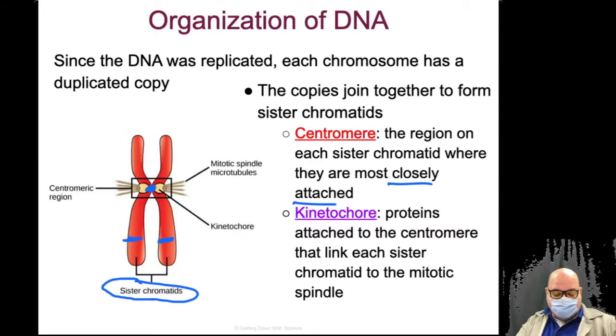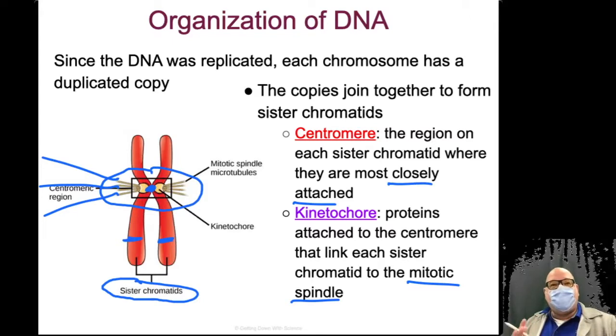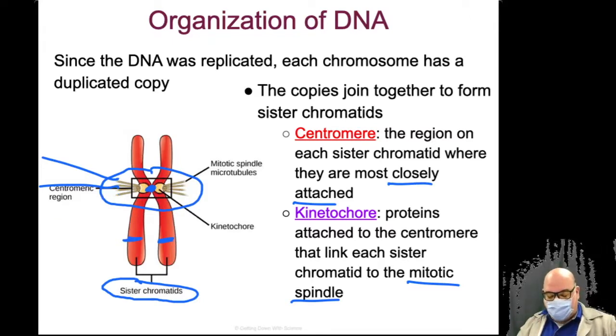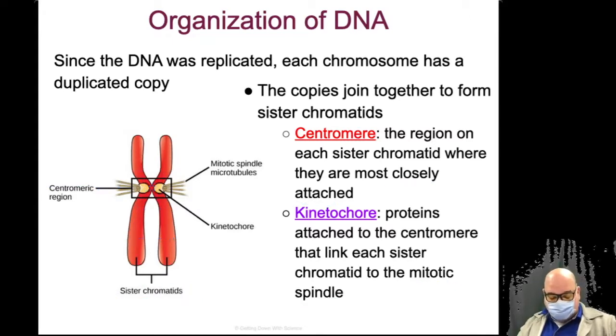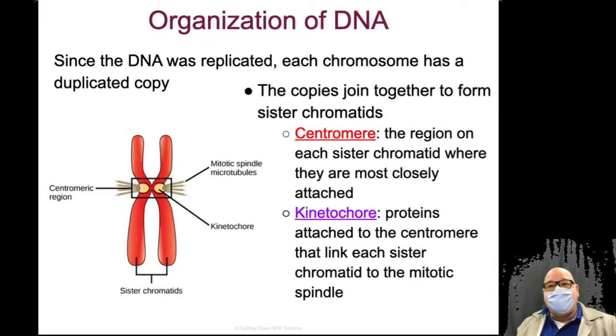You can kind of see these little cat whiskers right in this area. Those go way off the page. Those are going to be attached to some areas that pull these apart. So this is all getting ready to divide. Right now, we're really just looking at terminology. Lots of terminology coming at you really fast. You might want to make some flashcards or notes with all these terms.